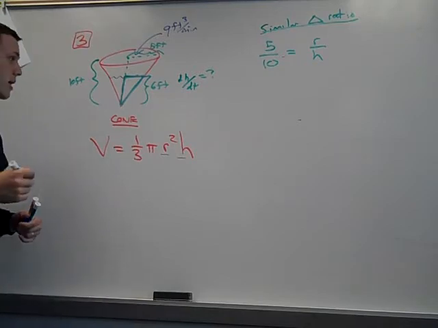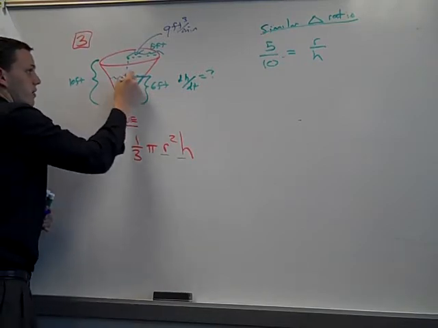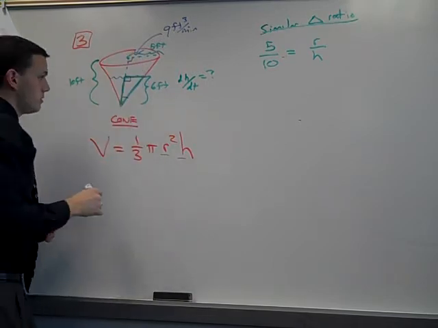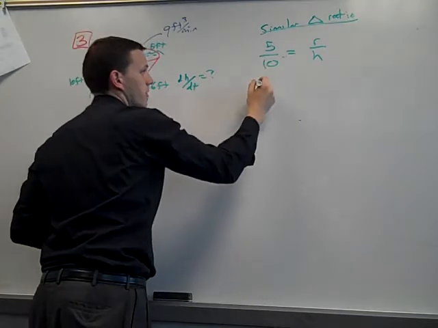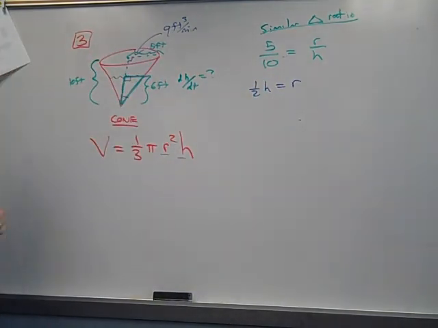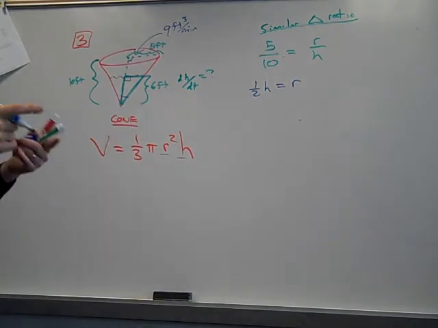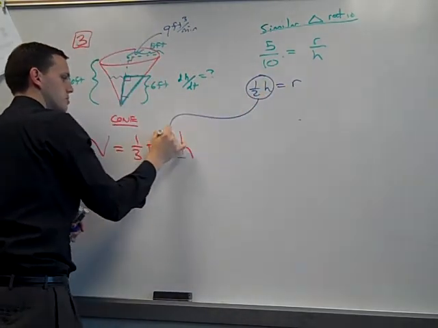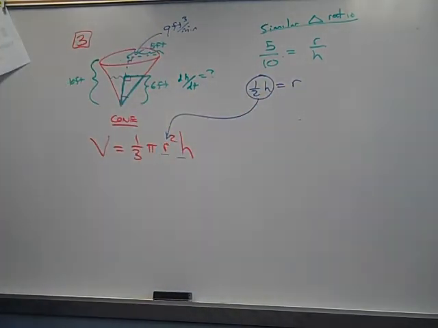Same angles: this angle they share, and then they're both right angles. Angle-angle. So simplifying, this turns into 1/2 h equals r. H and r are variables, but I can take this 1/2 h and substitute it in for r. And that's going to make the derivative a whole lot easier.